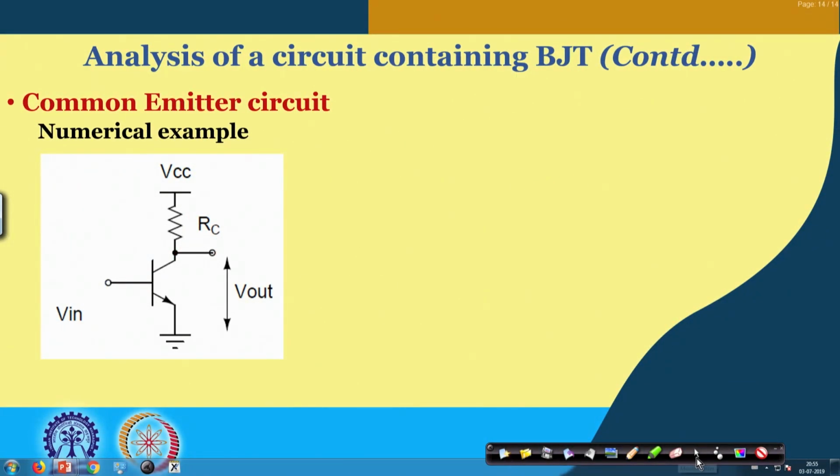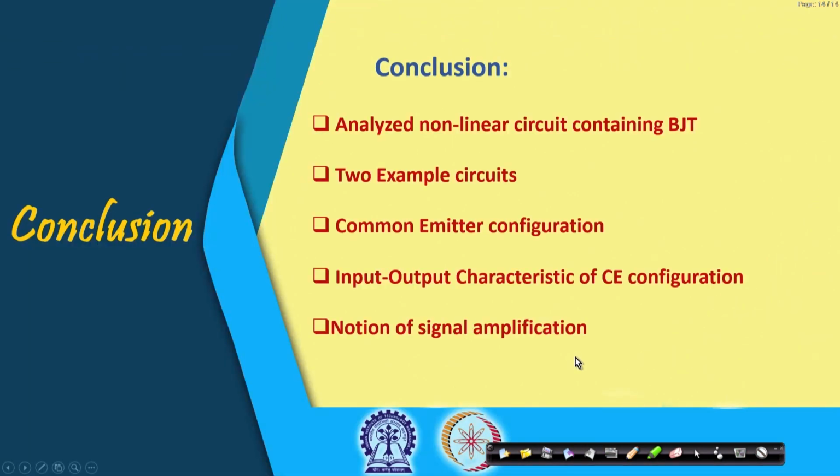So, what we have covered so far: we have analyzed a nonlinear circuit containing a BJT, and we started with 2 examples where we applied voltage at the base, and then observed the corresponding current at the collector, and the corresponding output voltage.